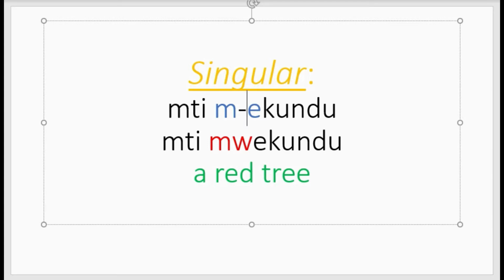Our adjective is ekundu. So we take the ma, the first one, and we have an adjective that starts with e. So ma combined with e, we get mwe. Mwekundu, a red tree.